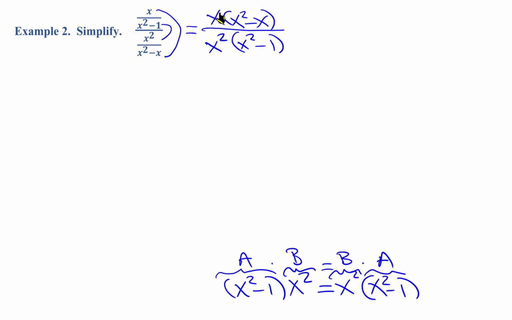So anyway, at this point, we try to factor as much as possible and then cross-cancel as much as possible. So we notice that on the top, the x carries. We notice in this expression here that we can factor out an x. So be careful to make sure you write another x as a factor. So times x. Now we're going to be left with x minus 1.